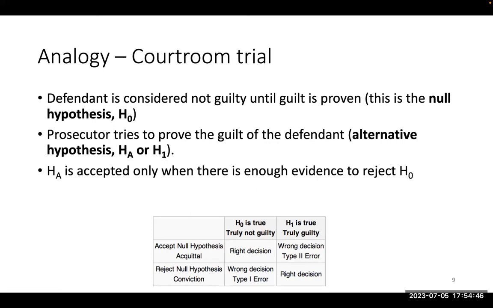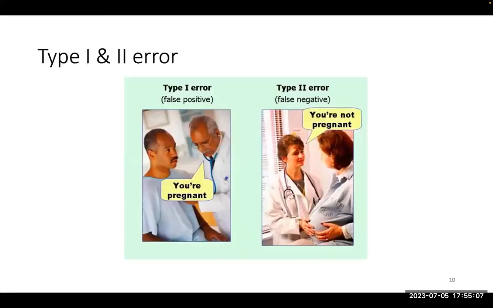You commit a type 2 error. That means you are not rejecting what you should have rejected. That's the type 2 error. If you are rejecting what you shouldn't have rejected, you're committing a type 1 error. So that's null hypothesis is true, but you're rejecting the null hypothesis. So the analogy is basically that.